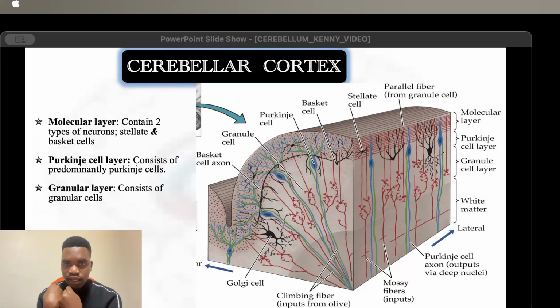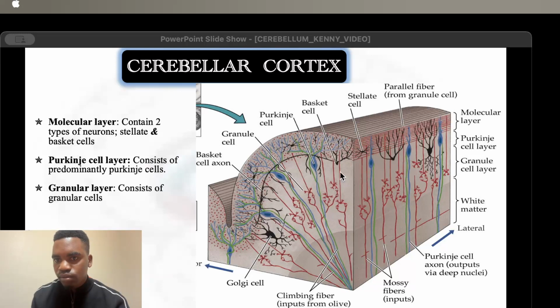If we now discuss the anatomy of the cerebellar cortex, the outermost layer is made up of 3 layers of cells. It has the granular cell layer, which is made up of granular cells. It has the Purkinje cell layer, made up mainly of the Purkinje cells.